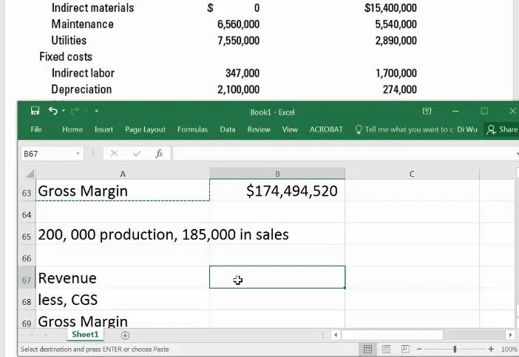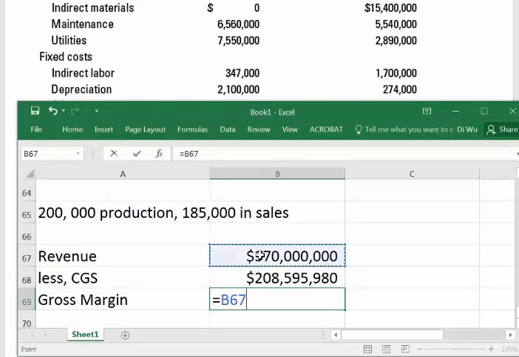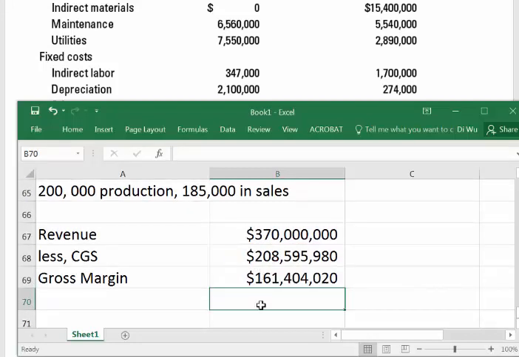So I'm going to do the calculations: 370 million, that's your revenues in this case, and the CGS is 208 million and 595,980 dollars. So the difference will give you the gross margin. You just do one subtraction. So the gross margin in this case is 161 million and 404,020 dollars. Okay, so that finishes this entire exercise.